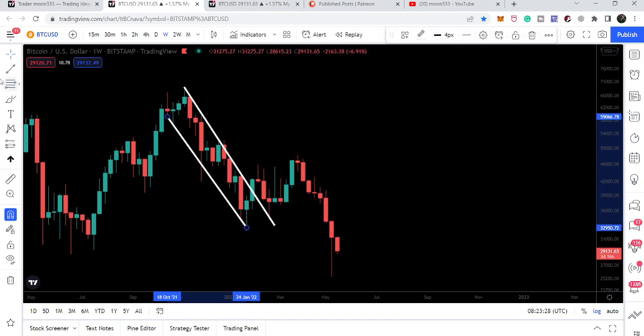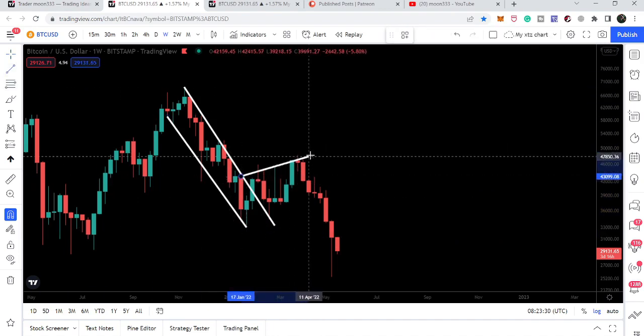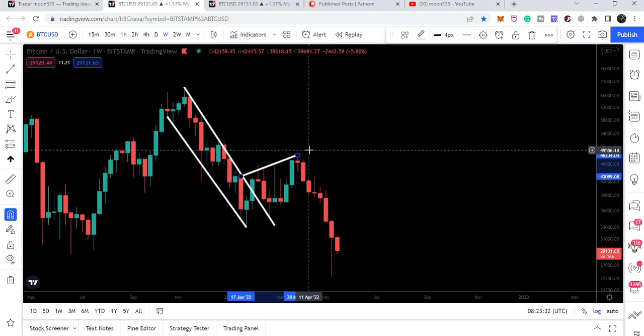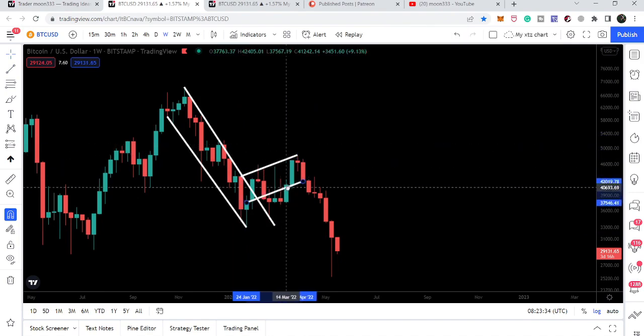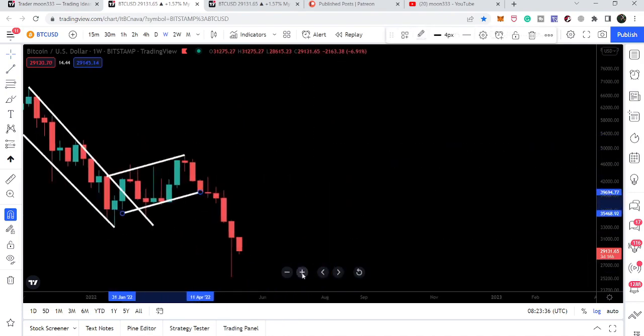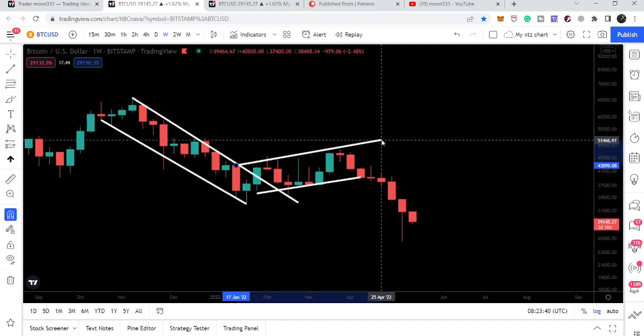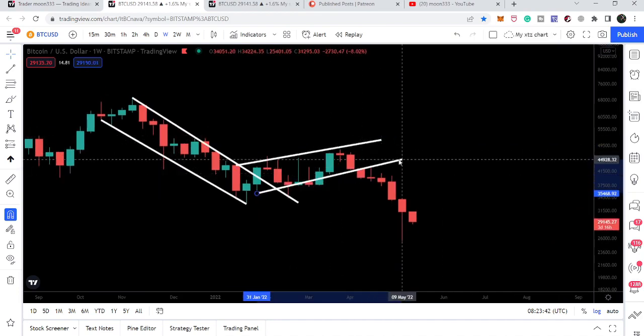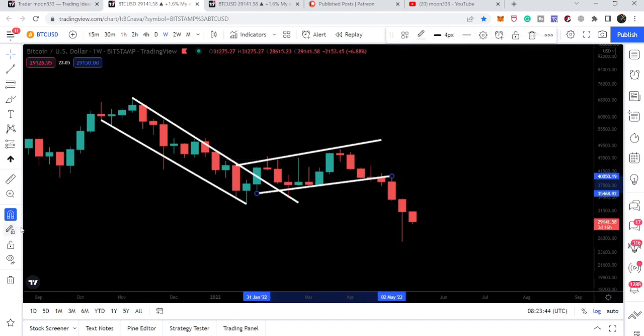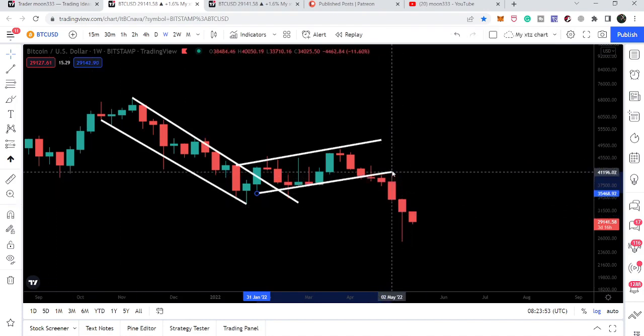And we can see that we broke out of the channel here, and after breaking out, we formed another up channel here, and finally we broke down the support of this channel. Now let me show you this move on the daily time frame so it will be more visible for you. And here we broke down the support.